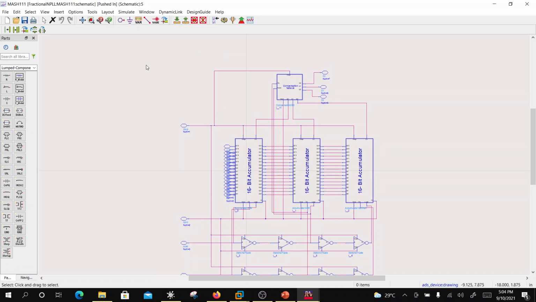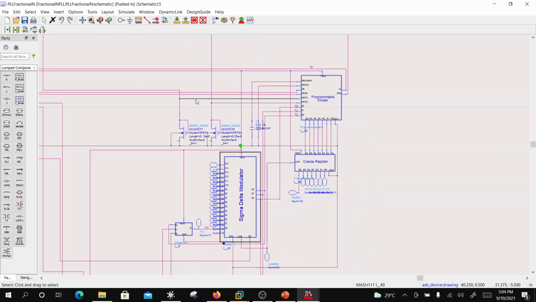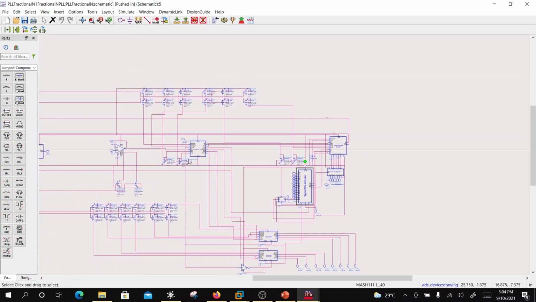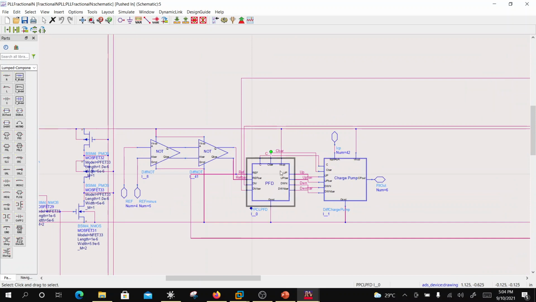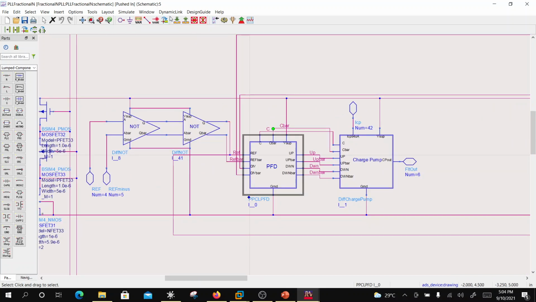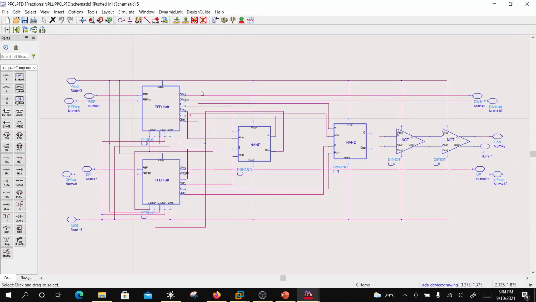So that's what is called MASH 111. So that's what I'm using here. So the 3 bits which are generated here are added to the coarse count, and that is given as input to the divider, and the output of the divider goes to a PFD, or phase frequency detector. And a phase frequency detector is basically some circuit.